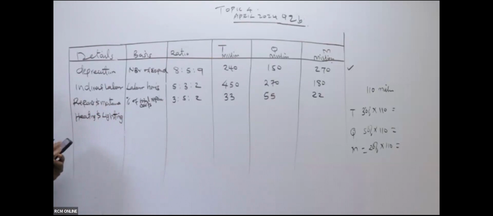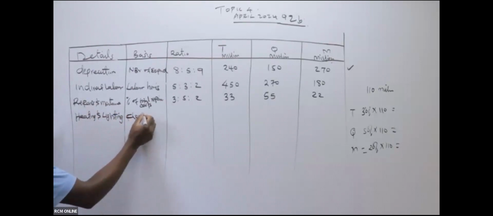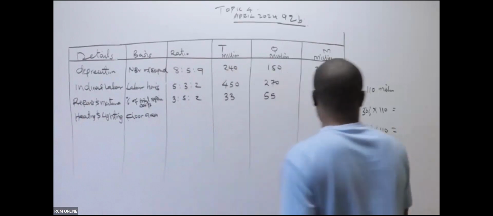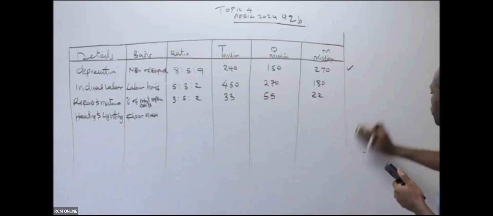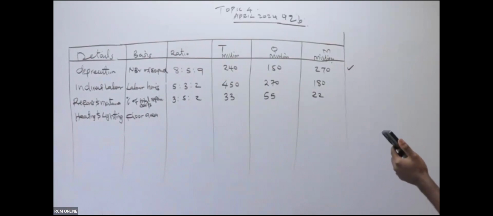Heating and lighting is supposed to be distributed based on floor area, right? So our floor area, as per the department, what is the floor area occupied by each department here? If you look at that table given down there, the floor area is in square meters.